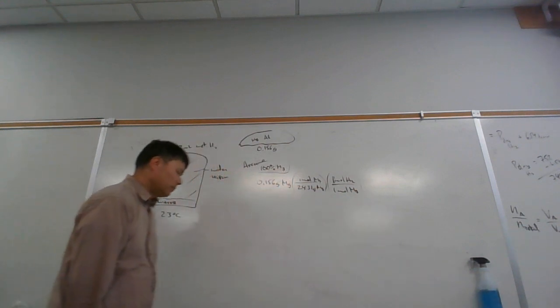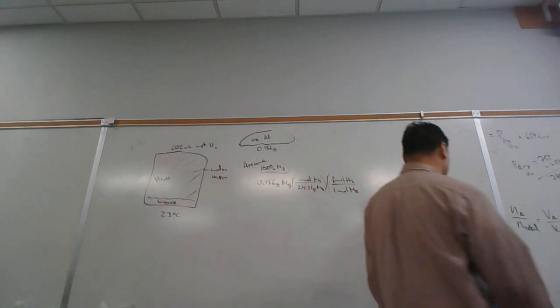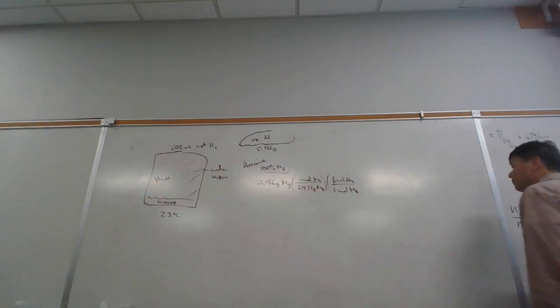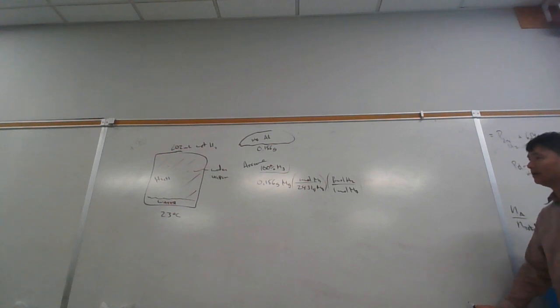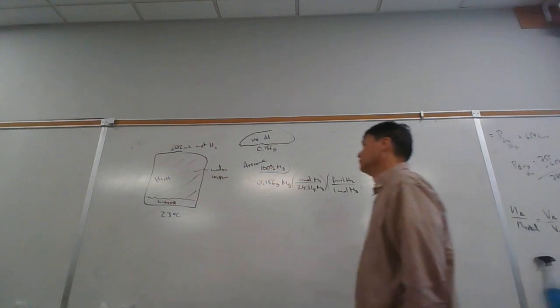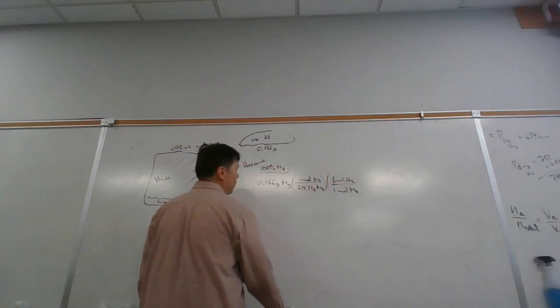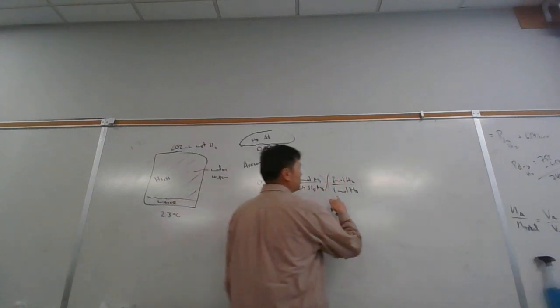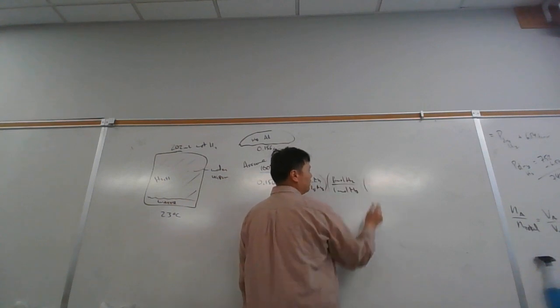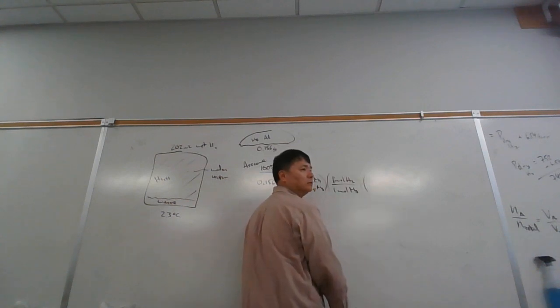Okay, once we have the moles of hydrogen, then what can we do? We can assume 100% aluminum. So, well, we can go from moles of hydrogen to volume of hydrogen, right?